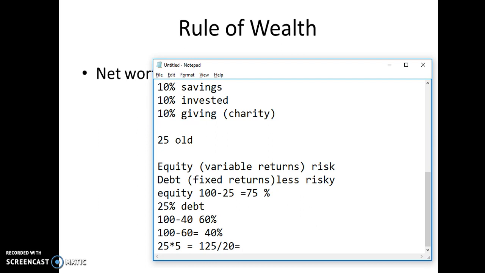If you have a net worth of 6 lakh at the age of 25, then you are wealthy, meaning good. But if you have around 1.25 crores, then you are rich.